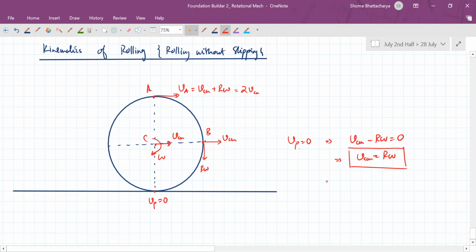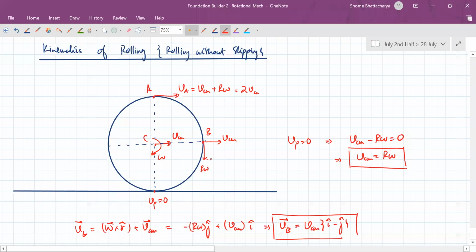Okay. So for the point B, it is omega cross R plus VCM. So this omega cross R will be like a minus R omega J cap. And this VCM is like a VCM I cap. So the velocity of that point B will become like a VCM into I cap minus J cap as a vector.